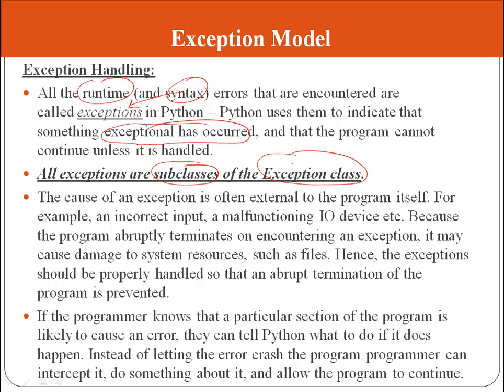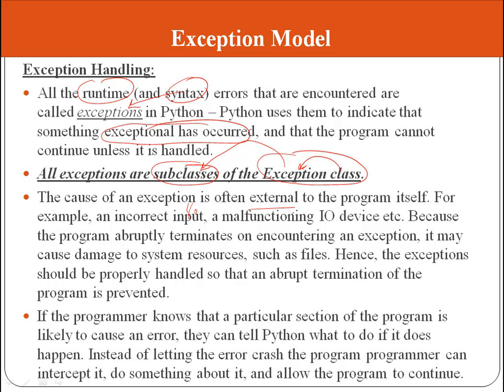So we have a class Exception in Python, and then we have further exceptions which are its subclasses. The cause of an exception is often external to the program itself, for example an incorrect input, like we have seen 1 by 0, or a malfunctioning input output device.